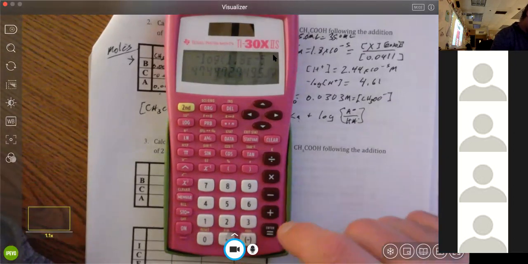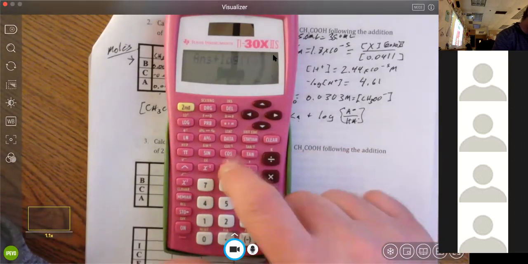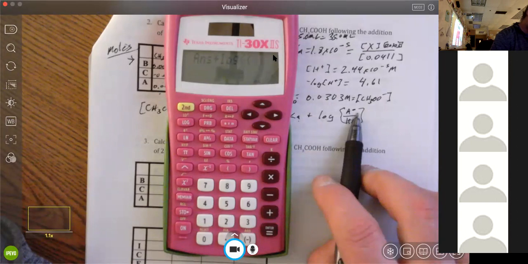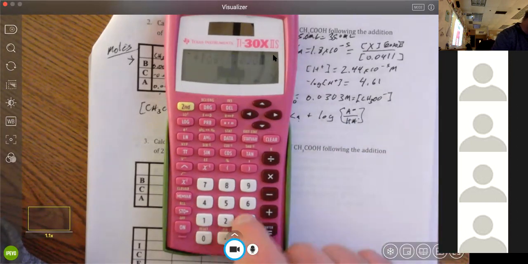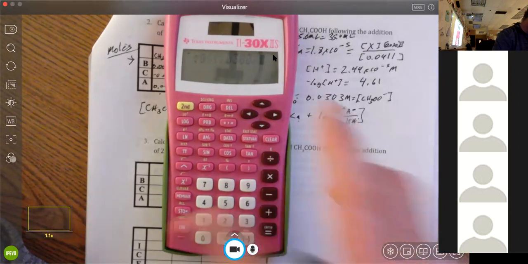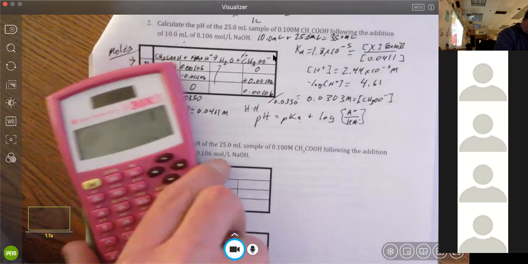And we are going to add to this the log of the A negative, which is the 0.03, divided by the HA concentration, which is 0.0411.